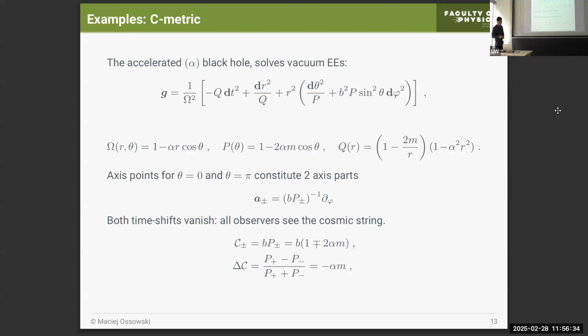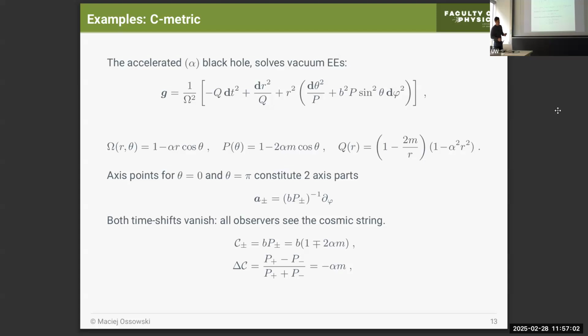So people use this metric where the observer dependency doesn't happen. And the other thing is that this difference of conicity is typically associated with the tension of this cosmic string. So this tension of the cosmic string is also independent of the observer. It's just something associated to the spacetime.